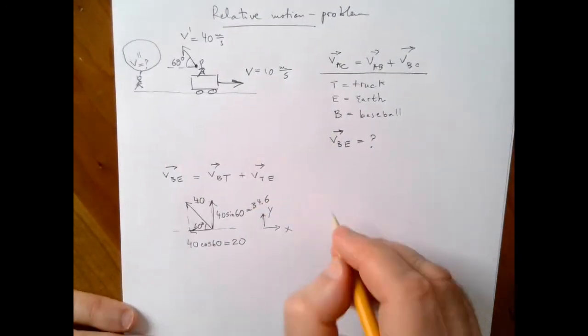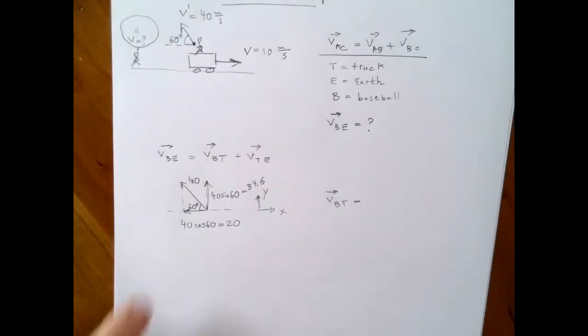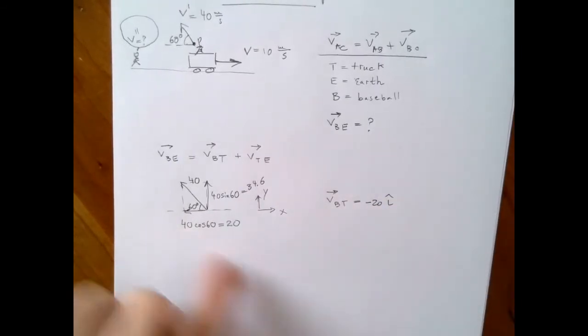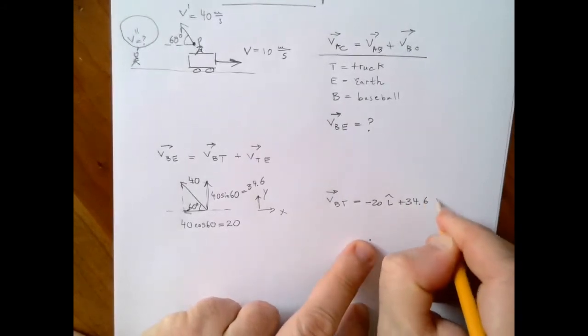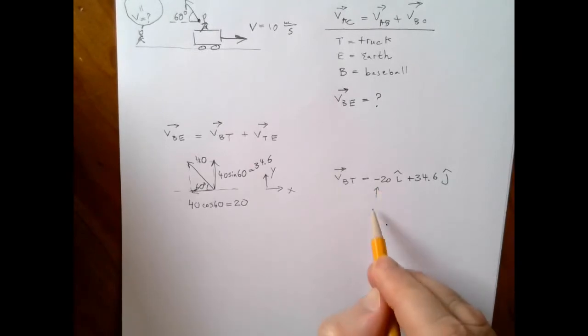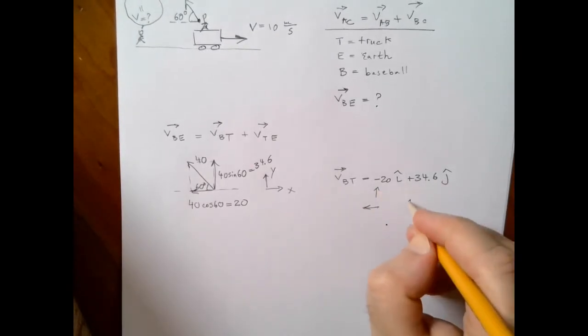So the velocity of the ball with respect to the truck can be rewritten as negative 20 i hat plus 34.6 j hat. Negative because this is to the left, positive because this is up.